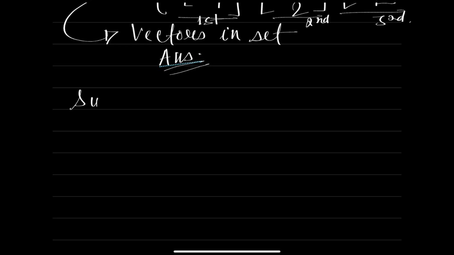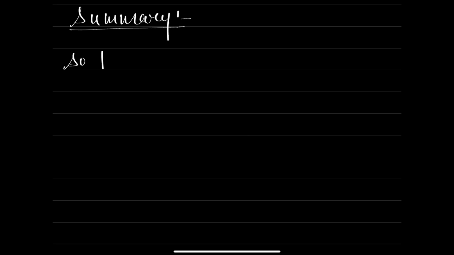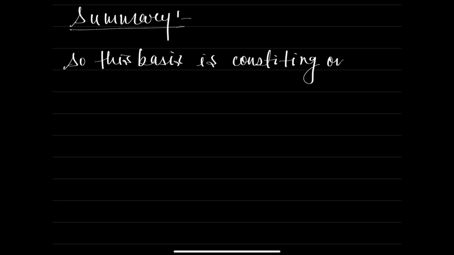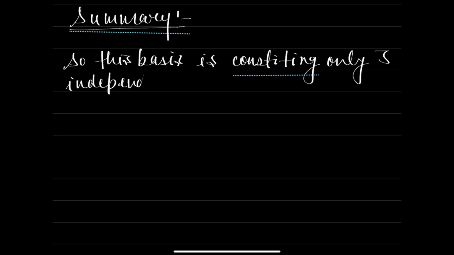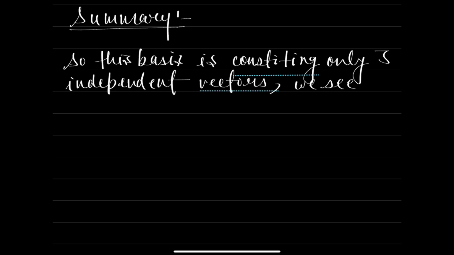Now we start with the summary. This basis consists of only three independent vectors. We see how many components we have in each vector.